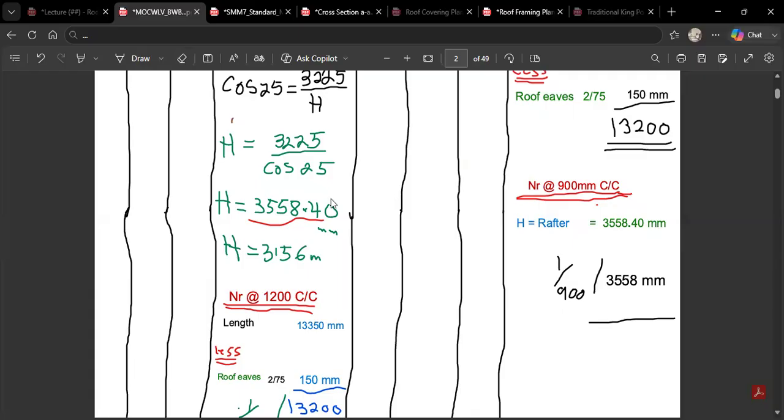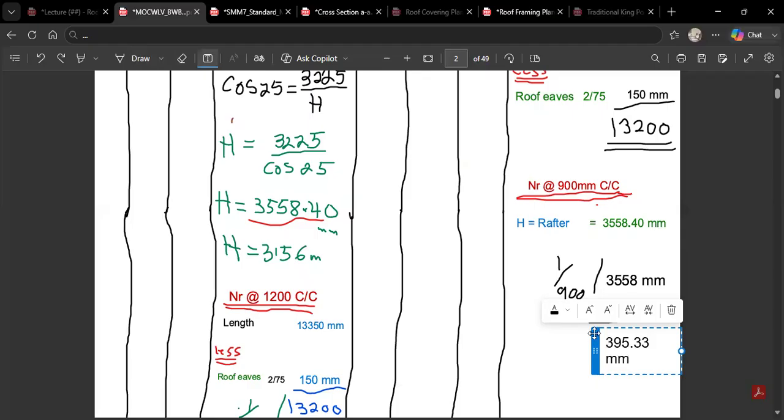So in millimeters, that is what you are going to get, 395.33 millimeters.